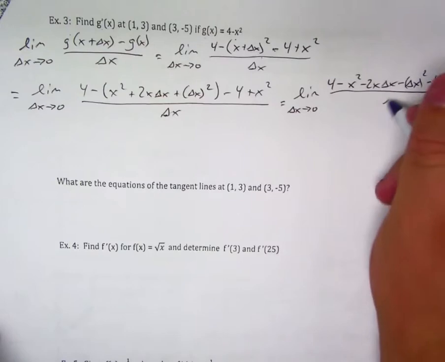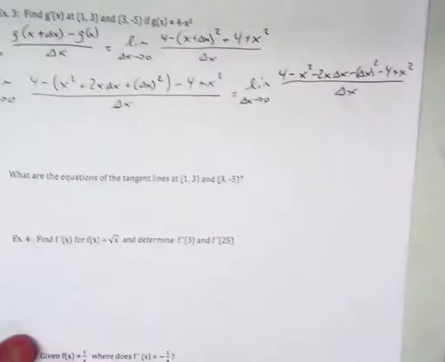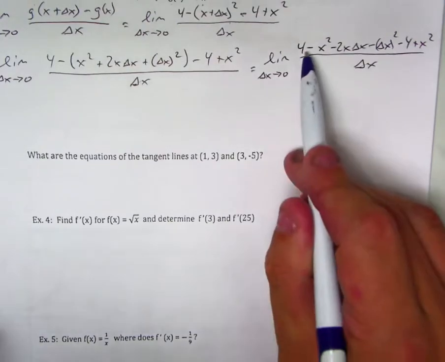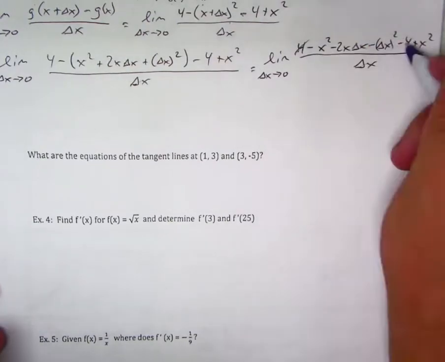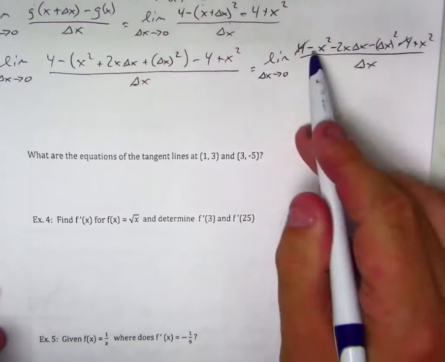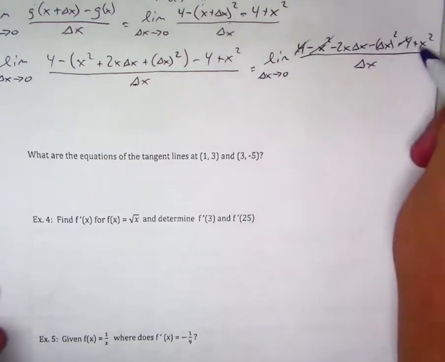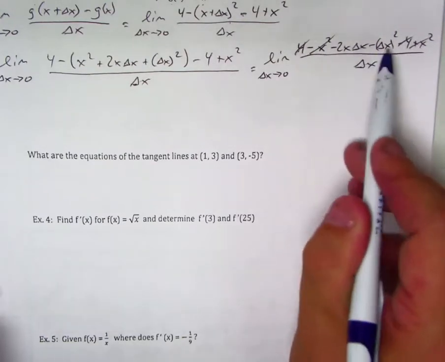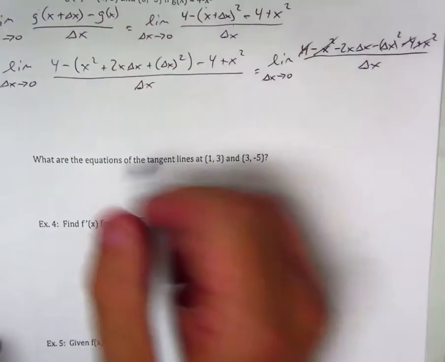A lot of this is just really heavy algebra. I mean, the confusing part is trying to understand the notation and what we're finding as we go through the problems. It's just you being able to apply algebra. So let's see, the 4's cancel. Negative x squared plus x squared, those cancel. And lo and behold, everything left in the numerator has a delta x in it, so we're going to factor that delta x out.